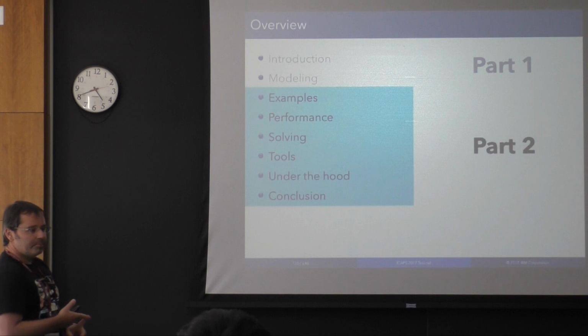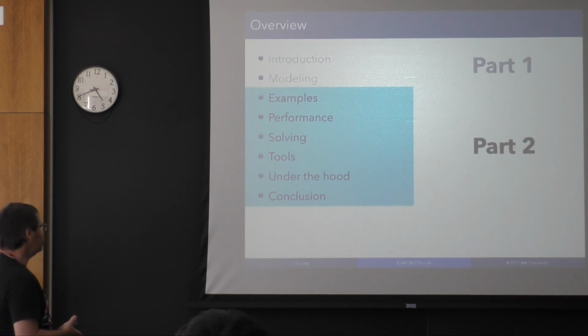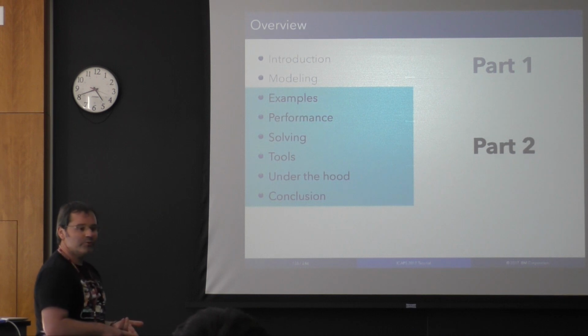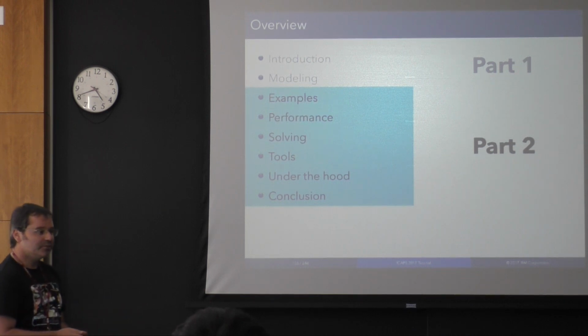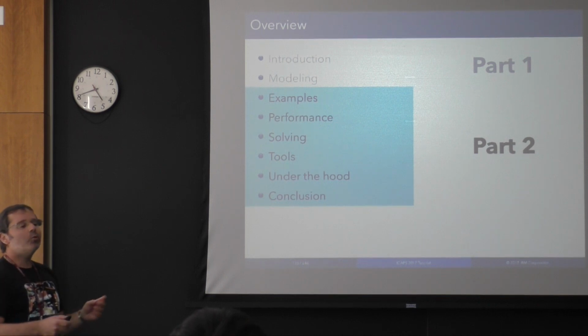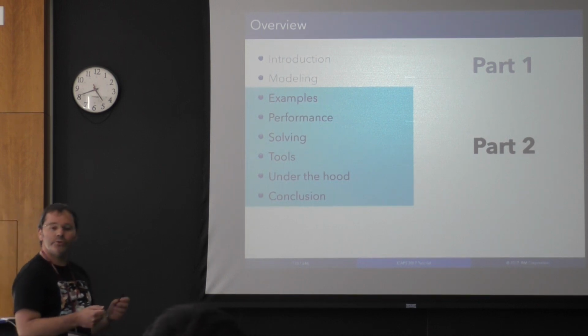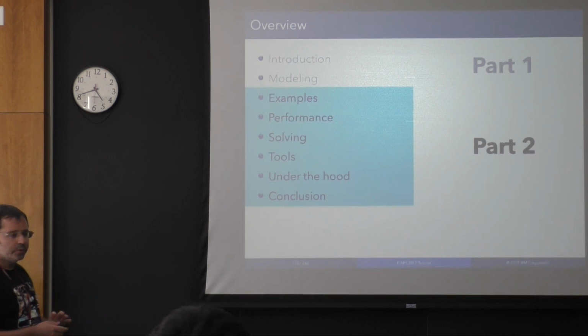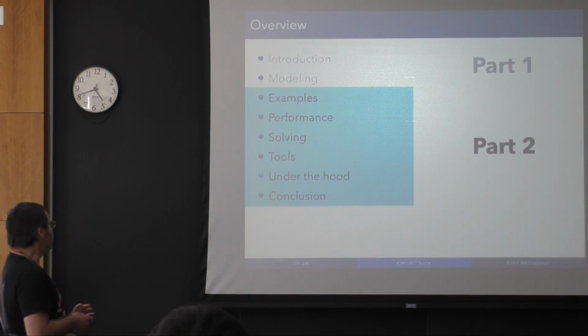I can talk about performance in general. I can talk about how you solve a problem. This is very fast because the main thing is that you press a button and solve. But there are parameters to tune the search a little bit, things you can do quite easily to speed up the resolution.